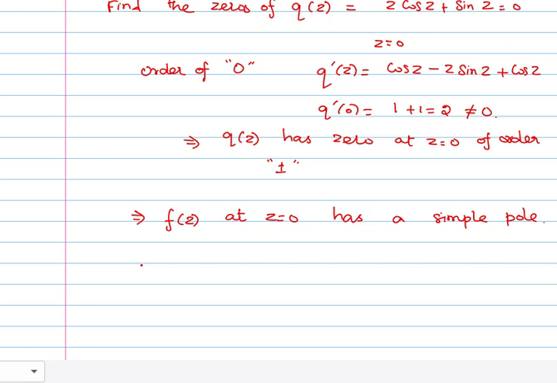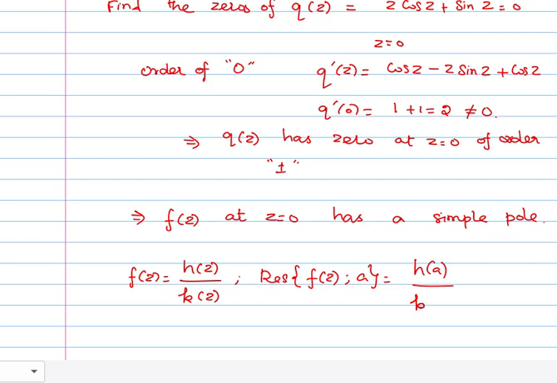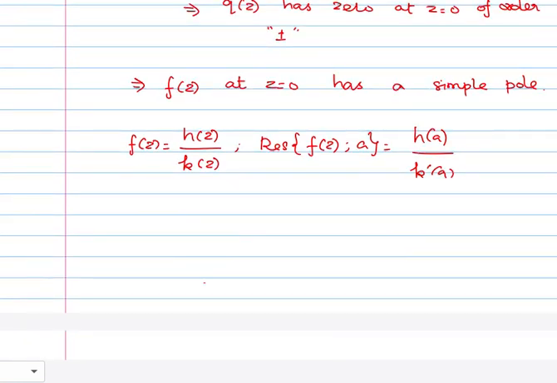Now I am going to use the third formula. What is my third formula? Suppose I write f of z equal to h of z divided by k of z, then the residue of f of z at a is h of a divided by k prime of a. Using this result is a one step answer. You can get the answer from the first two formulas also, but this is the easiest way.